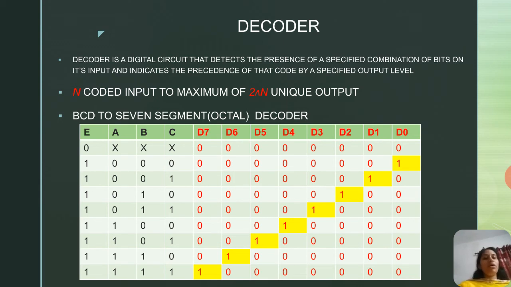You can consider the whole output D0 to D7 as 8 bulbs on the output side. Based on the input you are giving, the corresponding bulb will blink. So if you give the input 000, the D0 bulb will blink.